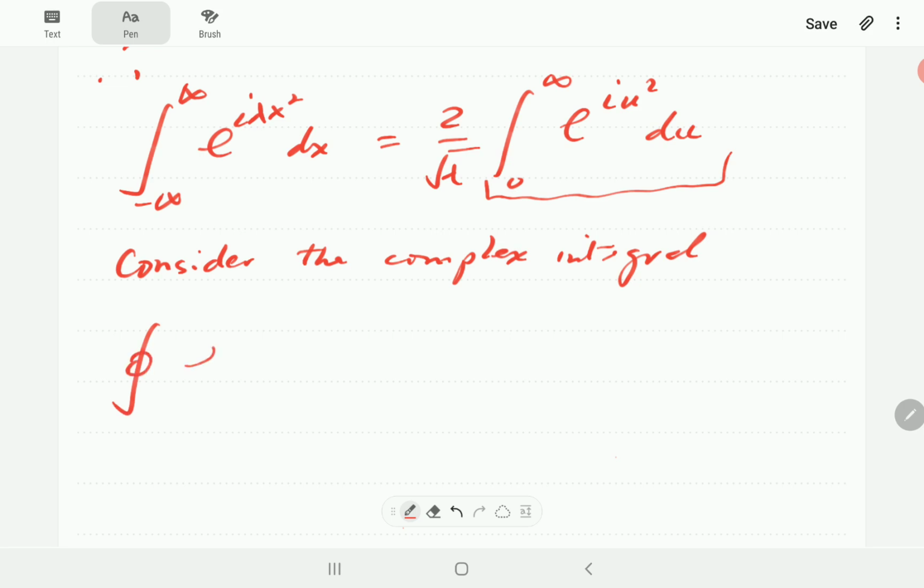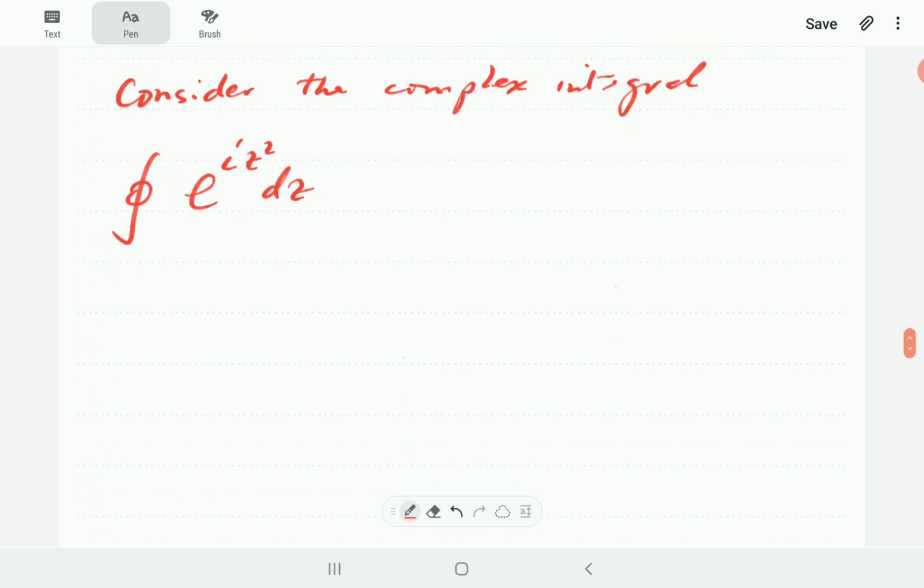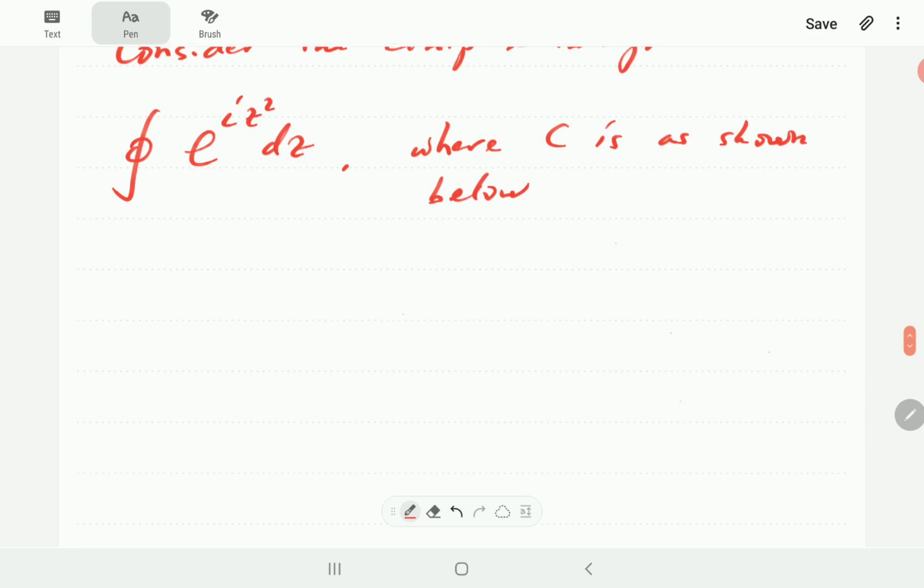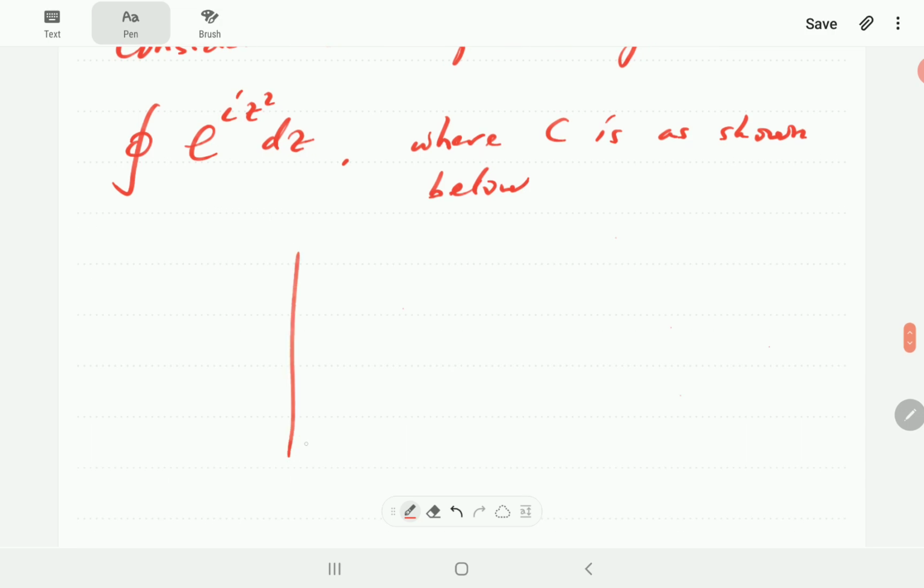So we're going to consider the complex integral of e to the i z squared dz, over C, where C is a contour that we show below. Basically C is going to be a sector shaped contour.